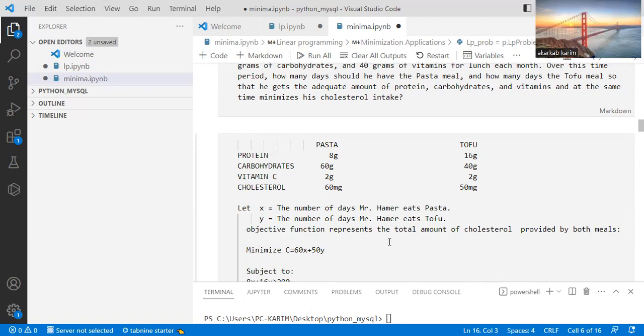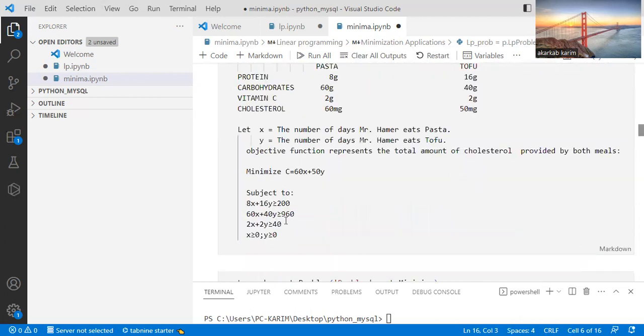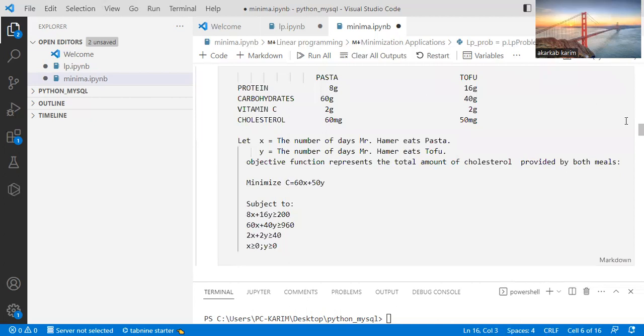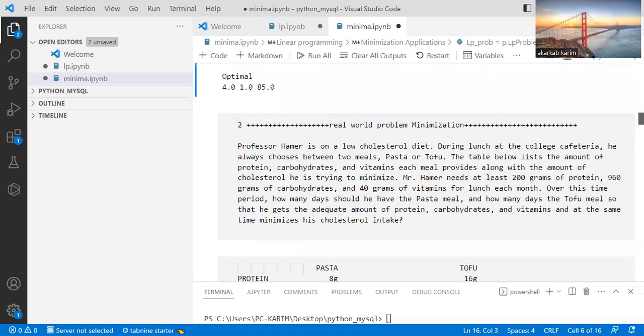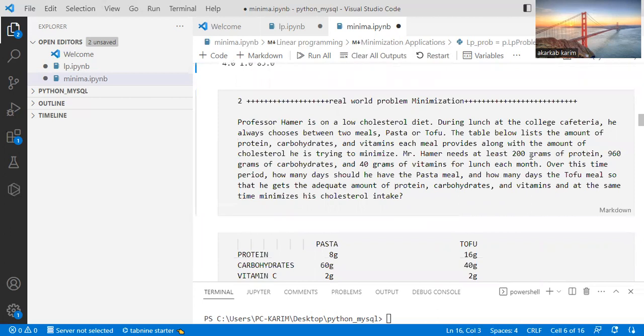The objective function is also to minimize the cholesterol. So the function here is to minimize the cost function C equal to 60x plus 50y, 60 milligrams for pasta and 50 milligrams for tofu. Based on our constraints, we have 8x plus 16y greater or equal to 200, because in protein we have 8 grams and 16 grams, and Mr. Hammer needs at least 200 grams of protein.